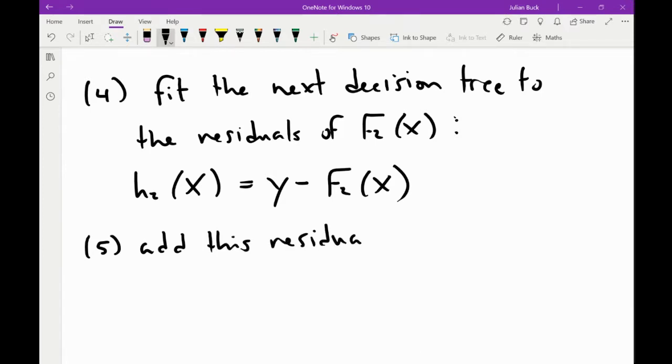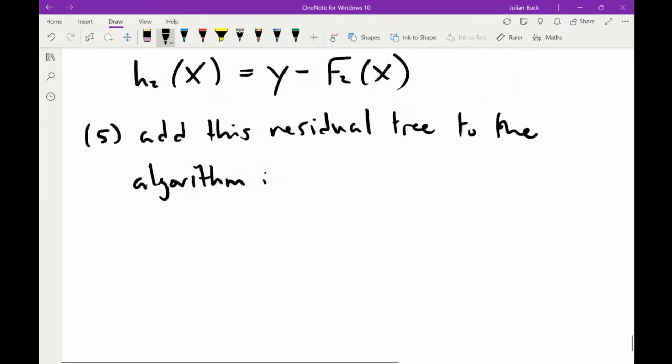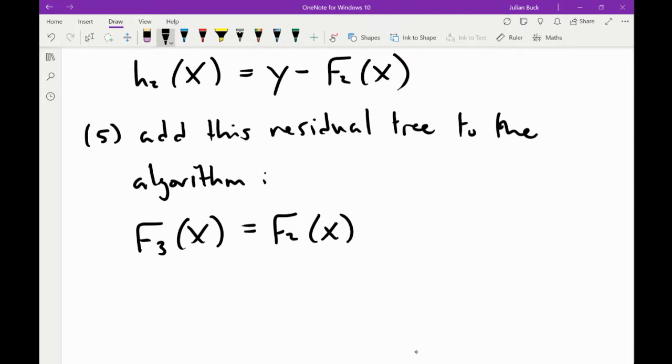And so we'll stop here in a minute, as you see now that the pattern is going to continue. So now we've got F3 of x, which is given by the previous model, F2 of x, plus the residual model, H2 of x.